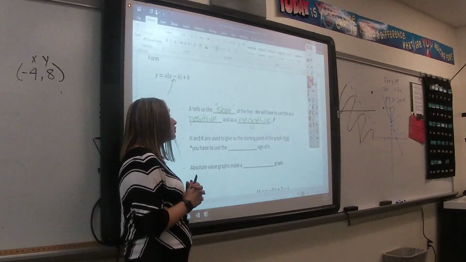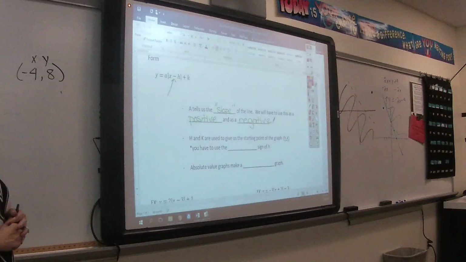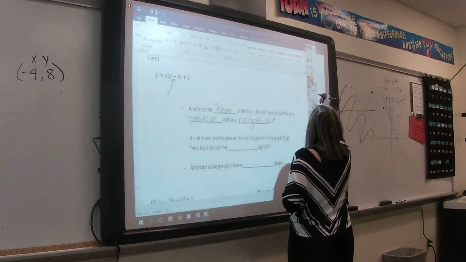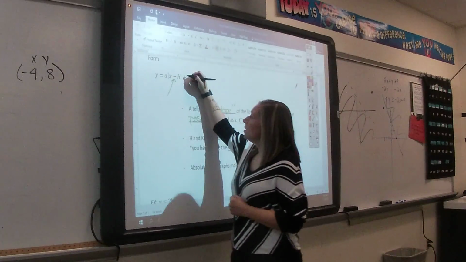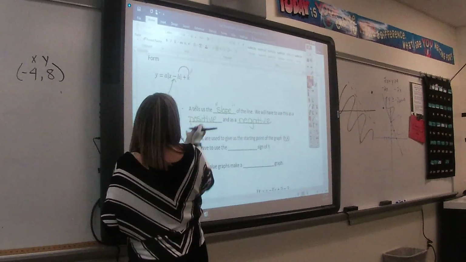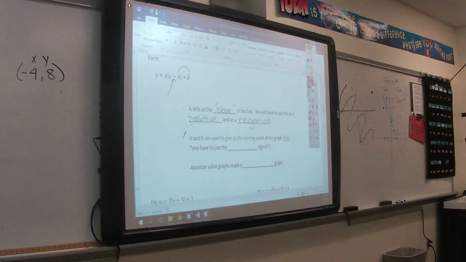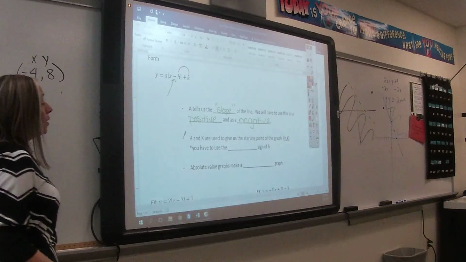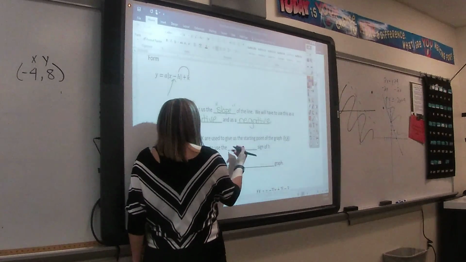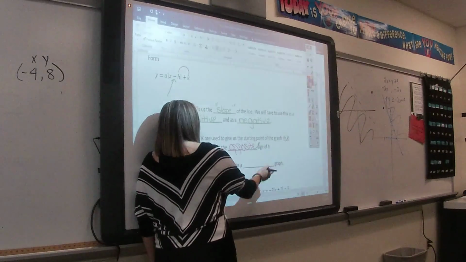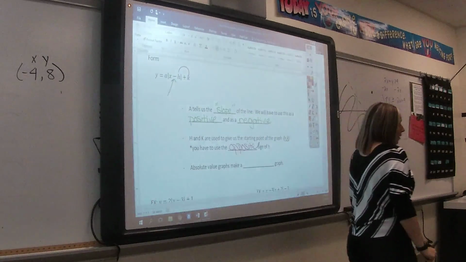H and k are used to give us the starting point of the graph. So the other thing that we are going to be able to find is an ordered pair. If we can find something that's similar to slope, and we can find a point, this is going to be similar to graphing in point-slope form. But just like we said, we're going to have to use the opposite sign of h.